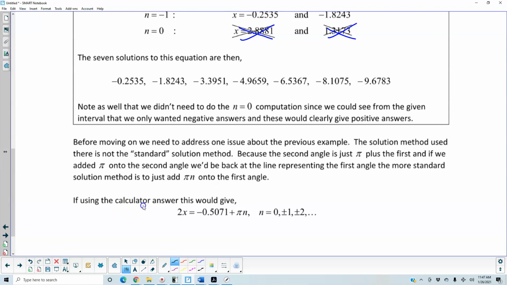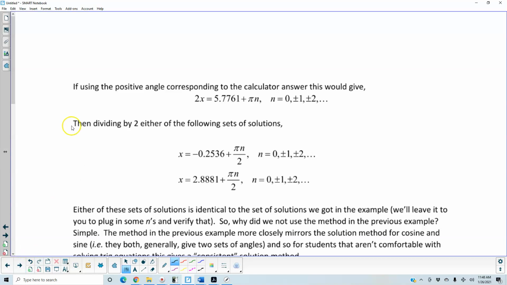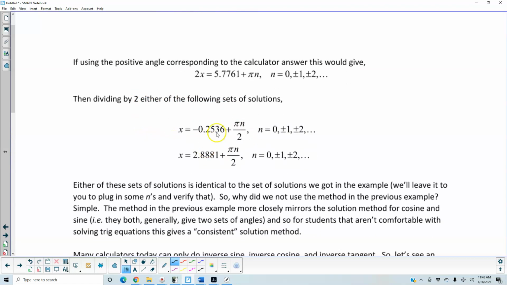So if using the calculator answer, this would give 2x, which is equal to negative 0.5071 plus pi n. And if using a positive angle corresponding to the calculator answer, we would get 2x, which is equal to 5.7761 plus pi n. Then dividing by 2, either of the following sets of solutions, we would get the following.